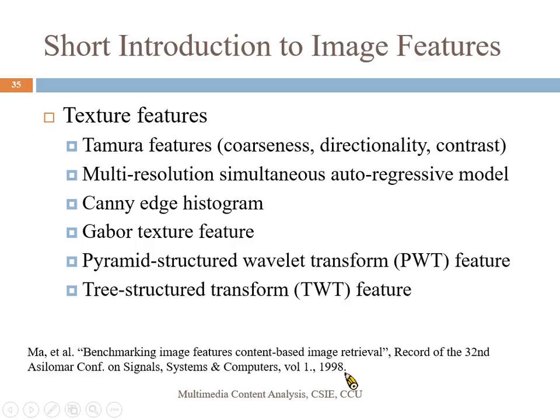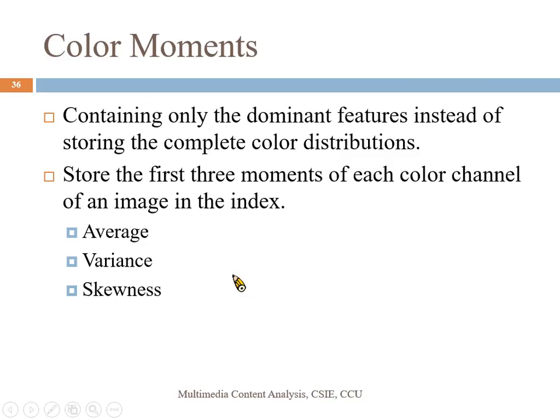In addition to the color feature, we will also describe texture features in the future. There are many types of texture features, like the Tamura feature, multi-resolution, simultaneous auto-regressive model, Canny edge histogram, and so on. First, the color moment is actually very simple.